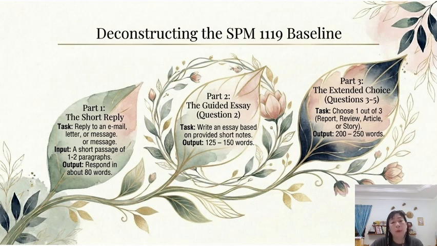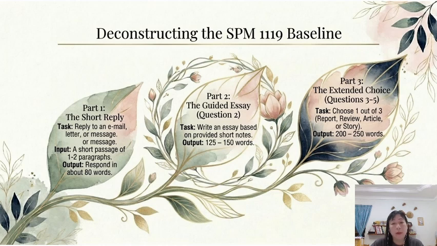In SPM 1119 English paper, Part 1 is a short reply to an email, a letter, or sometimes even a message. In order to write the reply, students would have to read a short passage of 1 to 2 paragraphs and write their response in about 80 words. However, students are not penalized if they write more than 80 words.